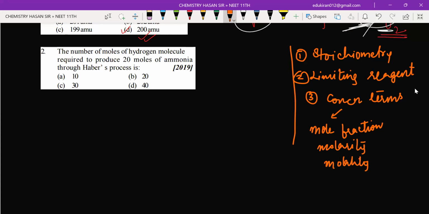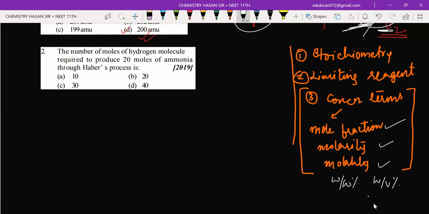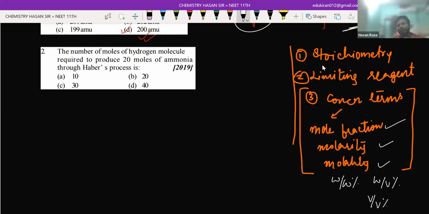I know concentration terms, but I don't know the limiting reagent. Okay. And Rishita, are you aware of mole fraction, molarity, molality, weight by weight percent? Yes, sir. Okay. Siddhika, have you studied the first chapter completely? Yes, sir, I just forgot. I have to revise it. I remember now.